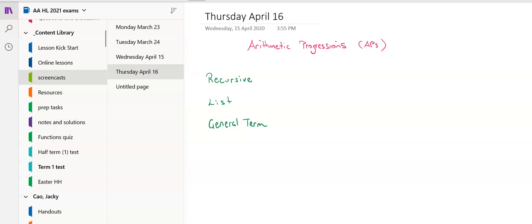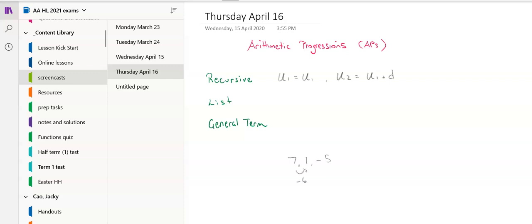The first term in an arithmetic progression is U1. Now recursively, our second term would be the term in front plus some common difference, D, whatever they're going up or down by. If D is negative, it'll be a sequence that is going down.